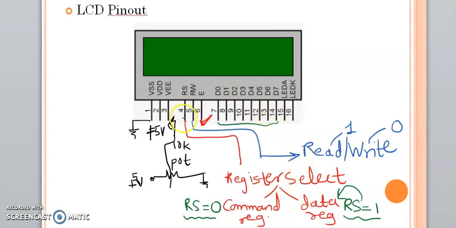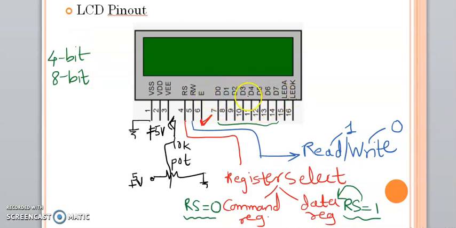If you want to display a particular message on the screen of this LCD, you have to configure these pins. As discussed earlier, the LCDs can be operated in 4-bit mode or 8-bit mode. Depending upon your requirement, you choose the bit mode for operation. That's why D0 to D7 means 8-bit mode is available.